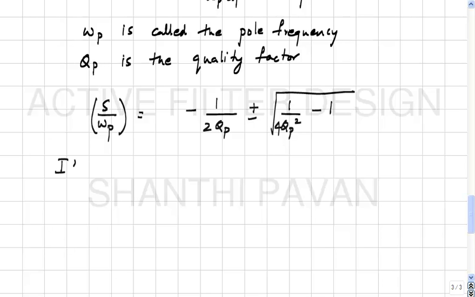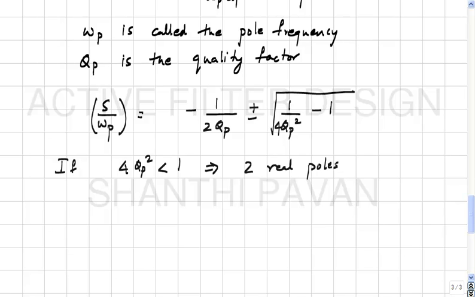If 4 QP square is less than 1, what can you say about the poles? Two real roots, two real poles, and where are these poles? In the left half, on the negative real axis.